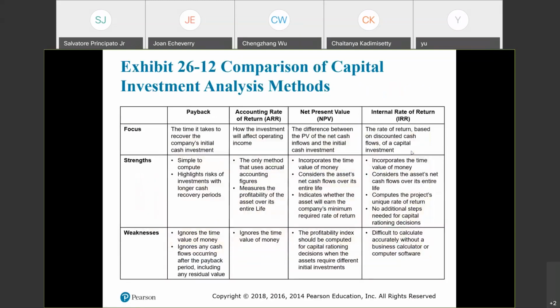This is the summary of 4 different methods regarding capital investment analysis: payback, accounting rate of return, net present value, and IRR.